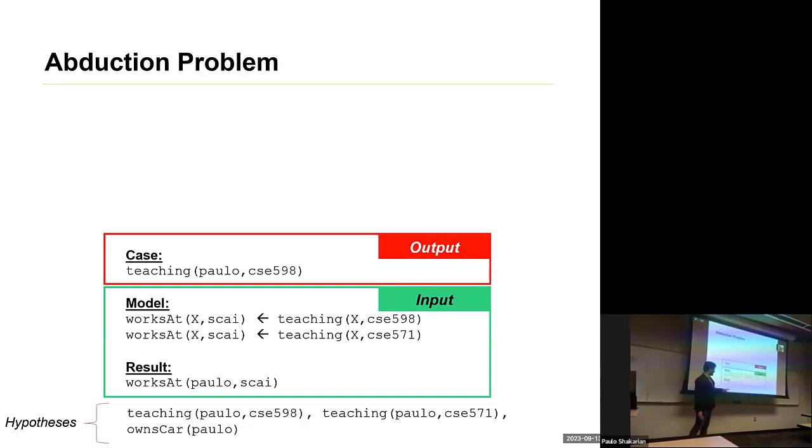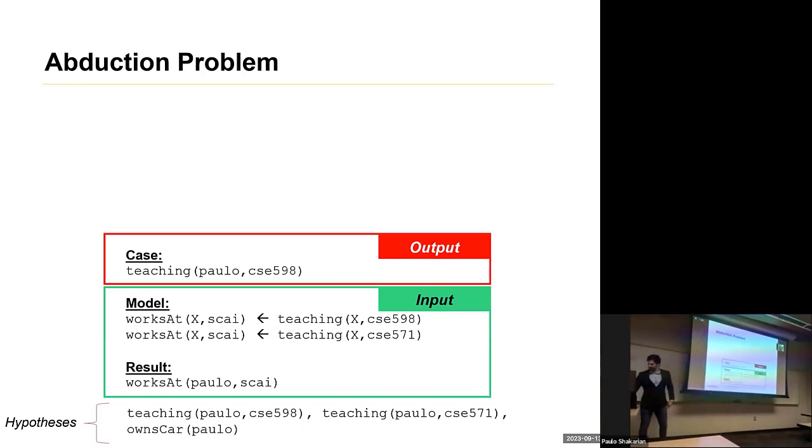So I just gave a few ground atoms here. We got, I'm teaching 598. Here I'm teaching 571. This one is me owning a car, okay? And so if I'm given these hypotheses, you can pick one. In CSE 598, teaching that is one of them. We can come up with that conclusion.